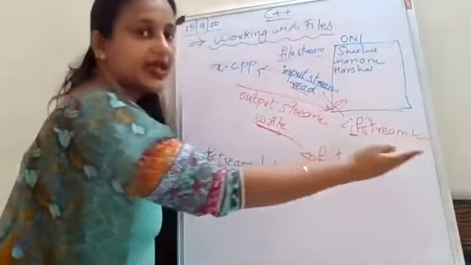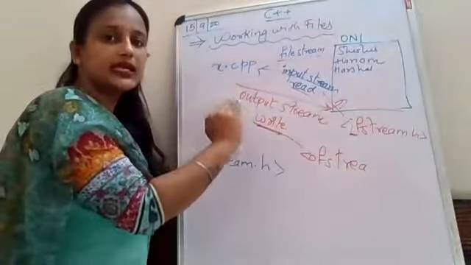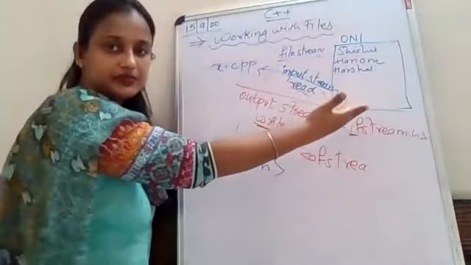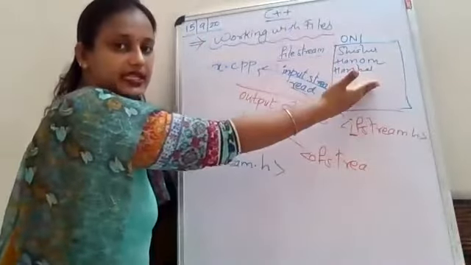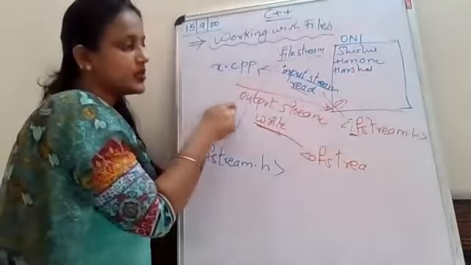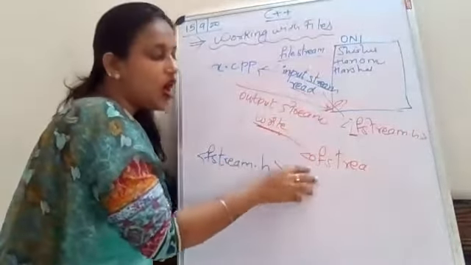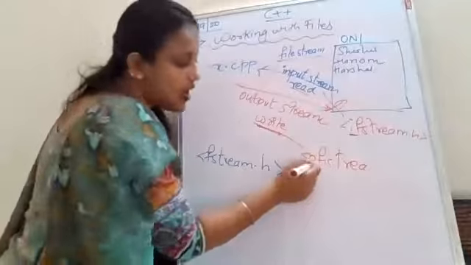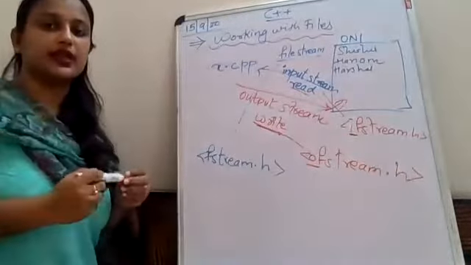Whenever I want to write something in that text file, at that time it is known as output stream, and the write operation is used, and the ofstream word is used, ofstream.h, that is the ofstream header file.